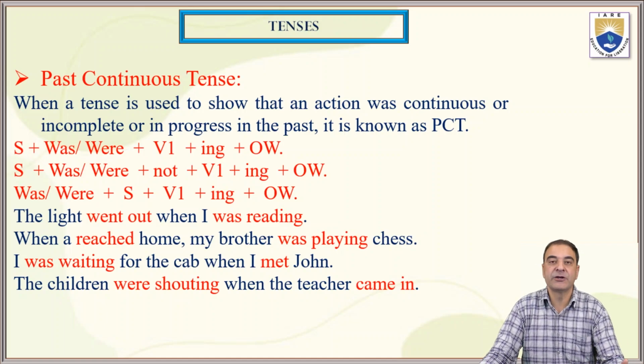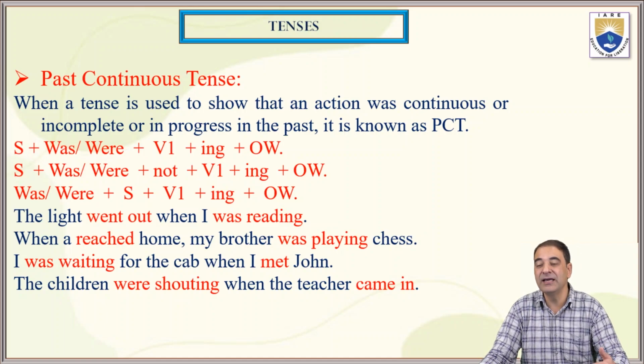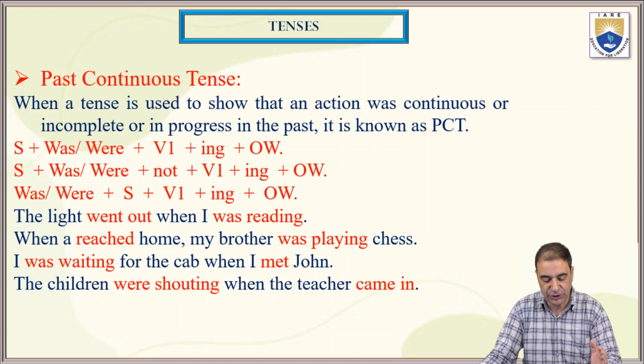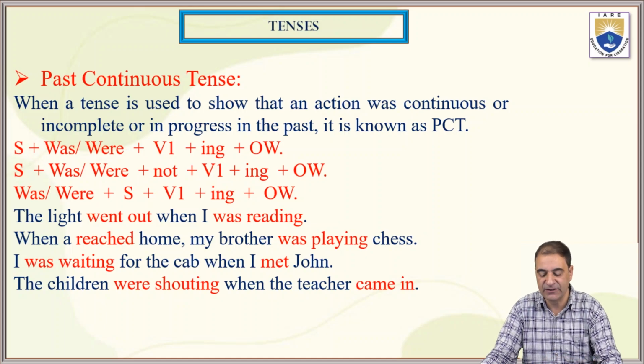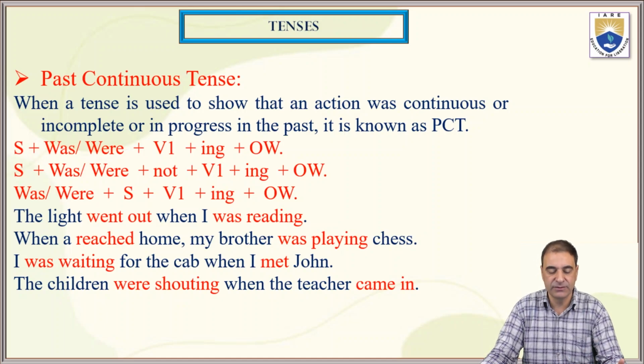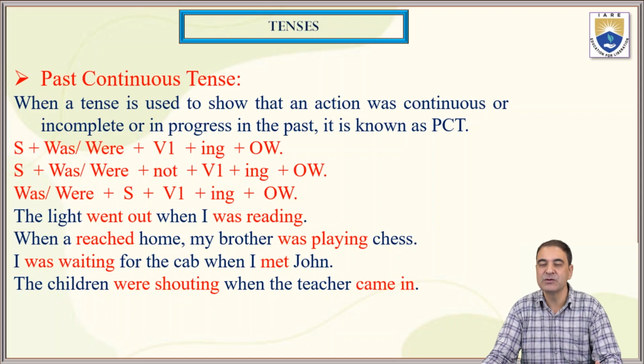Its structures are: subject plus was/were plus verb in ing form plus other words. For the negative sentence, it is subject plus was/were plus not plus verb in ing form plus other words. For questions, it is helping verb was/were plus subject plus verb in first form plus ing plus other words.